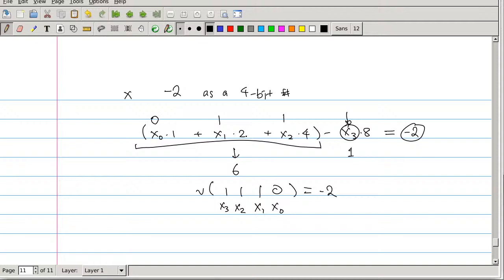All right. So does that address the concern earlier of why x3 in this case is called the sign bit? Because x3 alone will determine the sign of the value, whether it is negative or not.